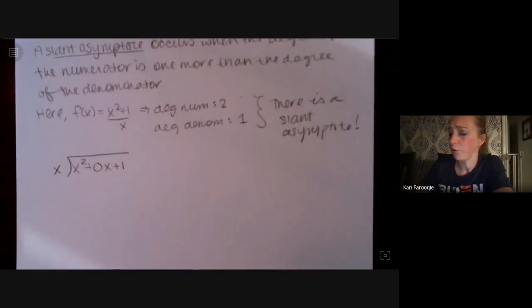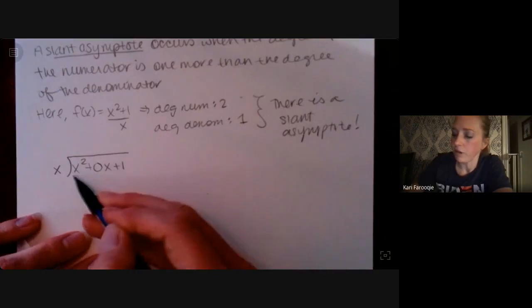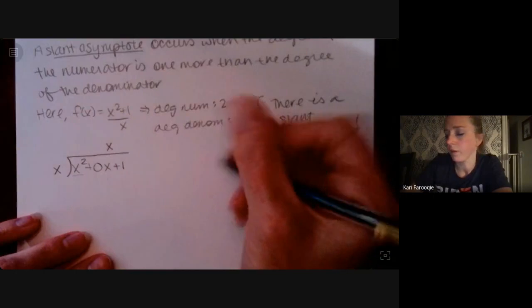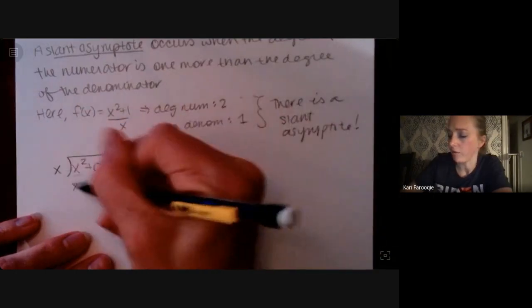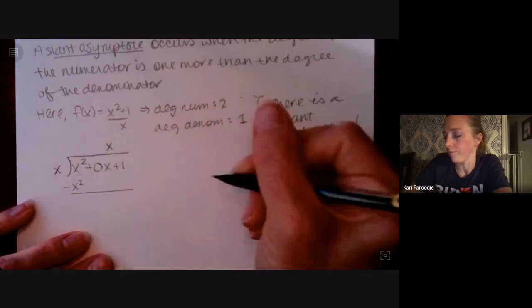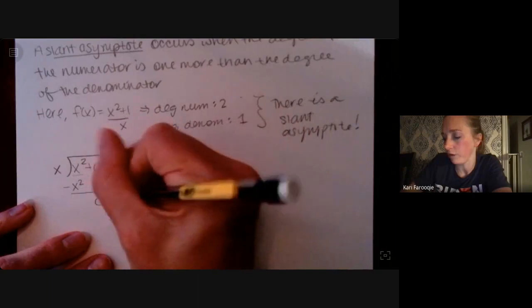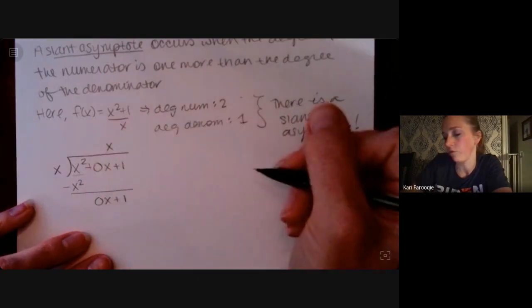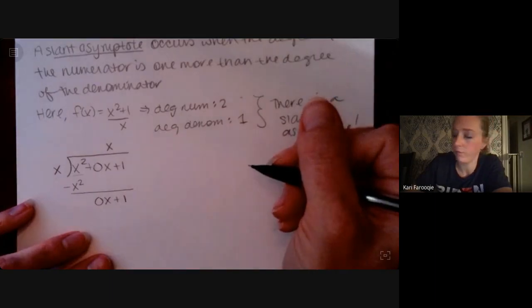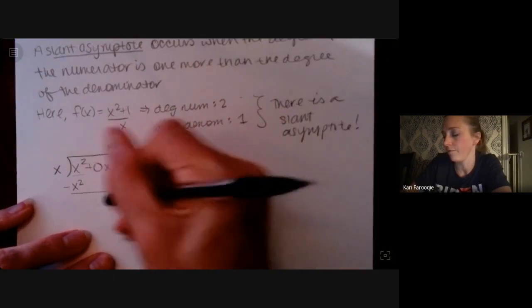All right, so we're going to do polynomial long division. In this case, we're just dividing by a monomial. So you're taking x squared and dividing it by x to get x. X times x is x squared. And then you're going to subtract. And when you subtract, you end up bringing down whatever you have left, which is 0x plus 1. 0x is just nothing. So if you don't want to write it, fine.